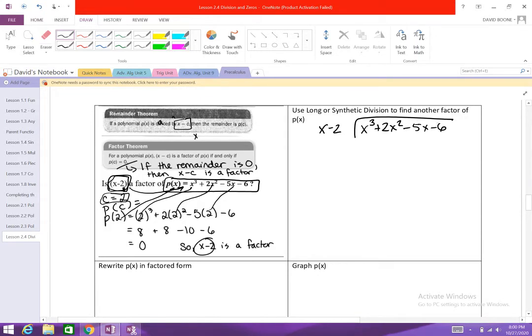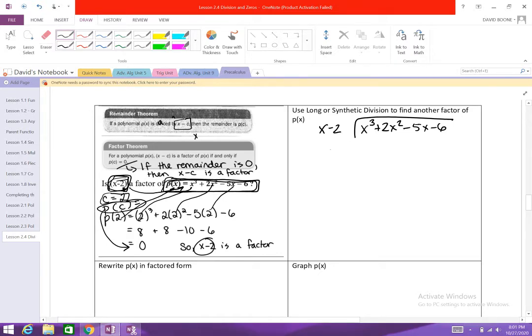This will go in exactly. There will be no remainder. And that's what the factor theorem says: for a polynomial p of x, this x minus c, this x minus 2, is a factor if and only if p of c equals 0.